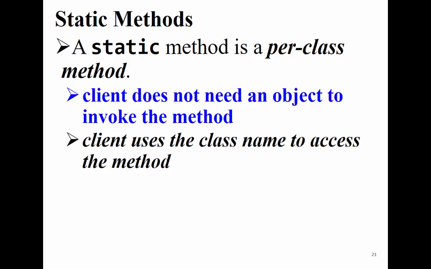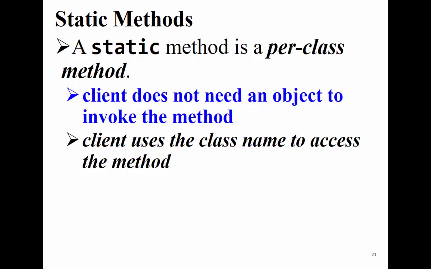And that makes sense. Static methods can access only static fields, because you can use a static method without an object, and the only thing you can access is static fields, because static fields you can have without an object. So keep that in mind. If you have a static method, you can access only static fields, because static fields are accessible without an object, and you can access the static method without an object.